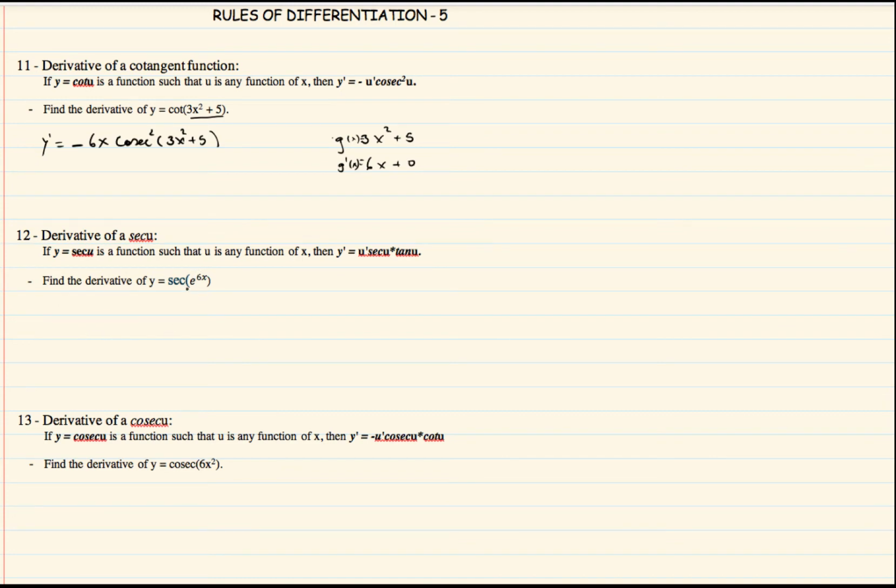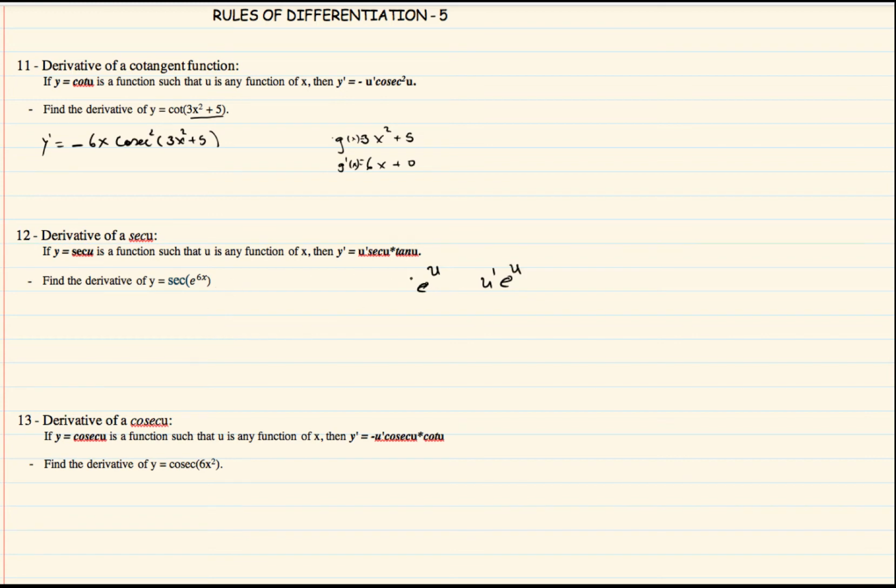I hope you still remember that this was one of the cases we've seen about exponential functions. When we have e raised to something u, the derivative of this function is u dash multiplied by e, again the same power.